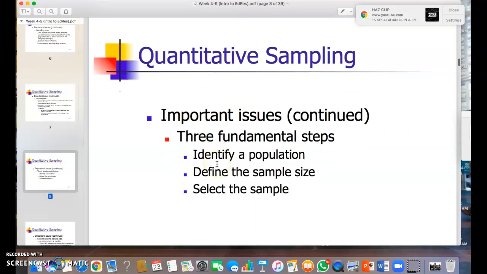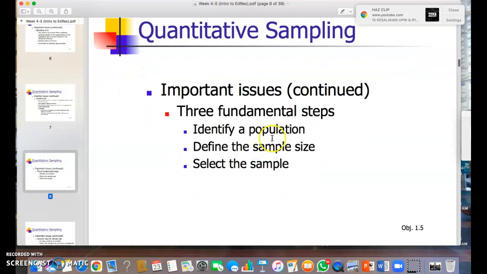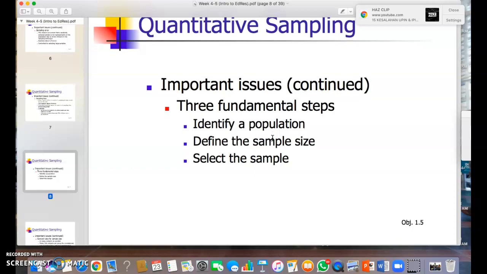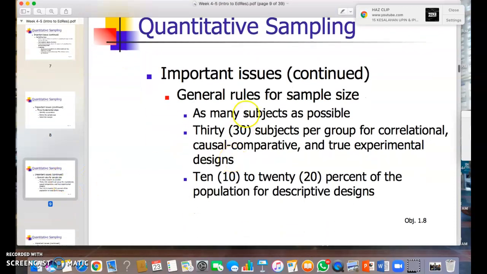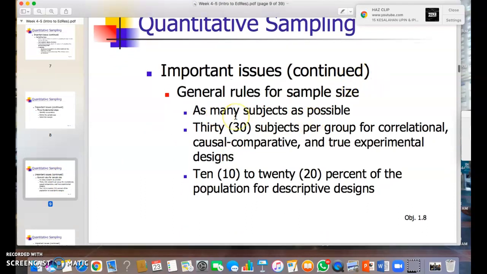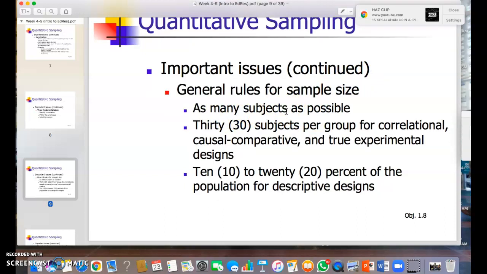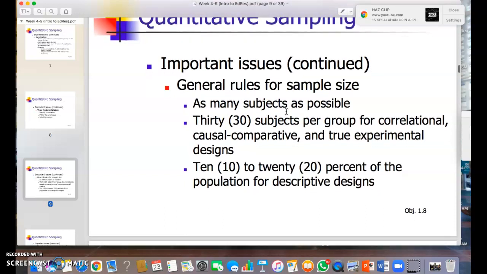Then there are some important issues: identify a population, define the sample size, and select the sample. We have general rules for sample size. So there are general rules when we choose the sample size.